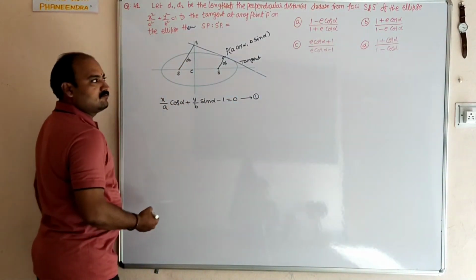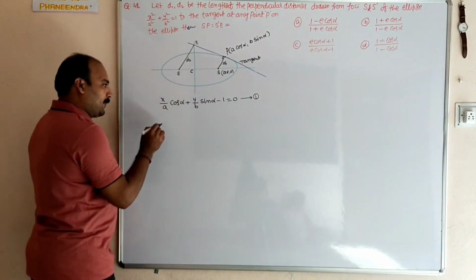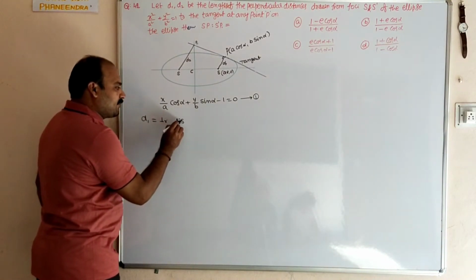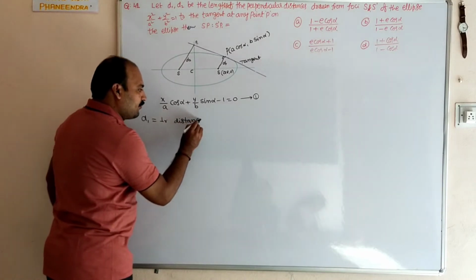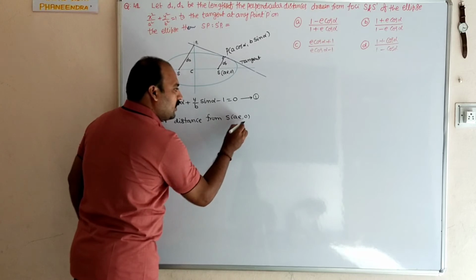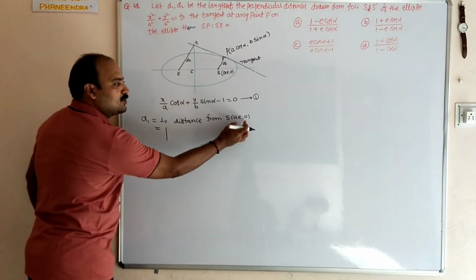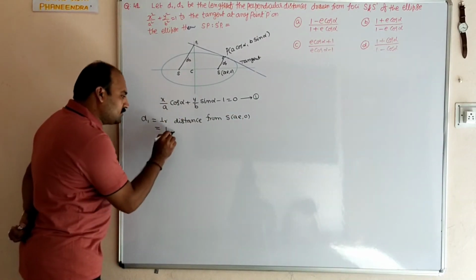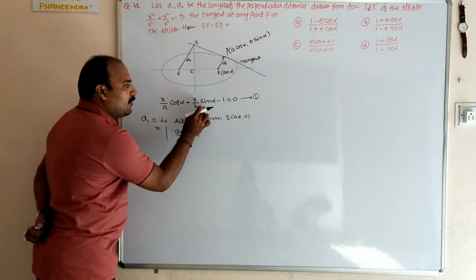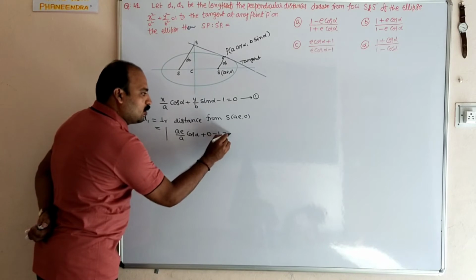This is tangent equation 1. From the first focus AE comma 0, find the perpendicular distance. D1 is equal to the perpendicular distance from S of AE comma 0. We know the perpendicular distance formula, mod, in place of x comma y substitute AE comma 0. So it becomes AE by A cos alpha. Y value is 0, so this term goes to 0.